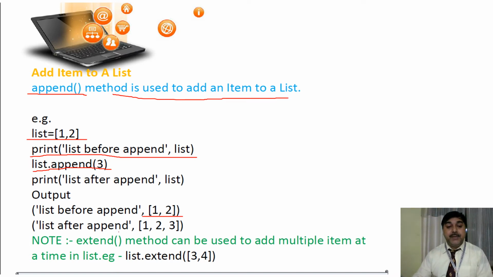And after appending, it shows 1, 2 and 3. So this is how we can append a value. We can also use the extend method to extend the value. So this is how we can use the append function in a list.